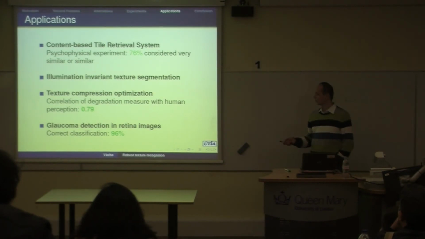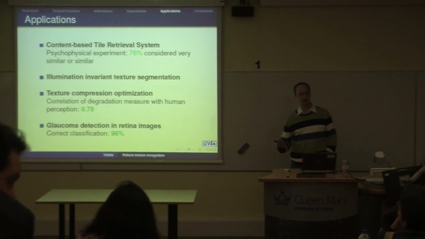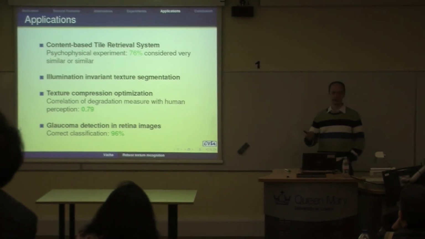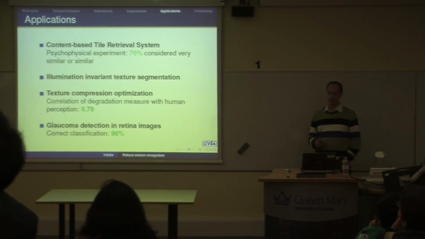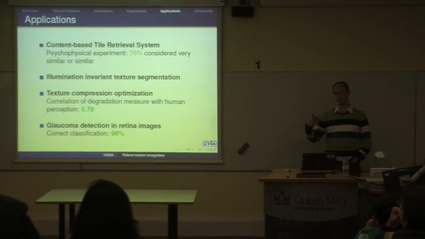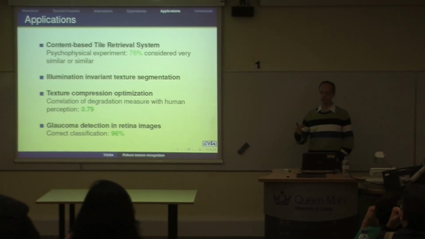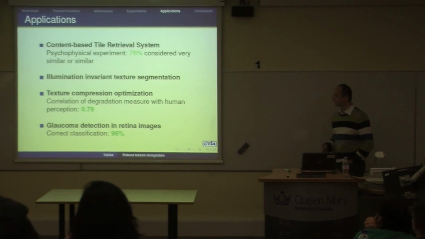And a very interesting application was in computer graphics, because in computer graphics the textures are pretty large and you have to compress them, and usually you have a tunable parameter which says how much you are compressing the textures. But the thing is that this parameter is usually not correlated with human perception. So some textures you can compress really high and users are not going to notice, while for other textures even a slight compression is easily noticeable by people.